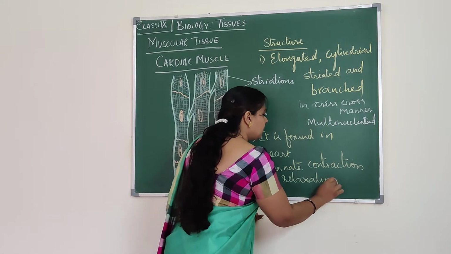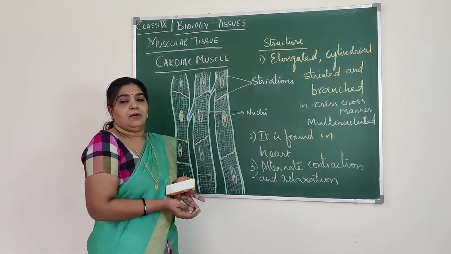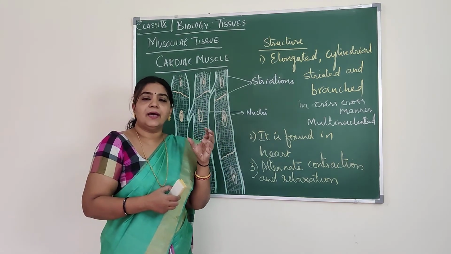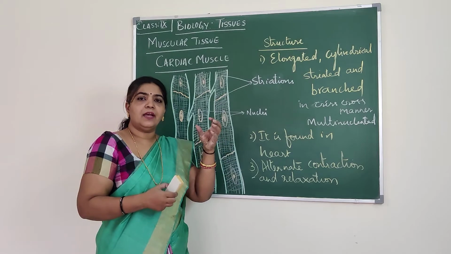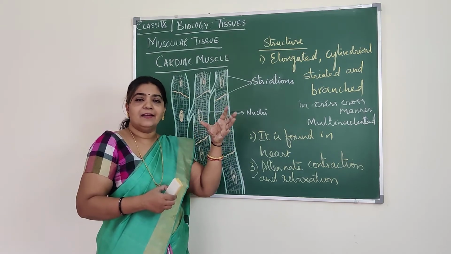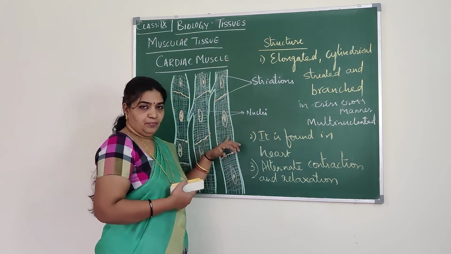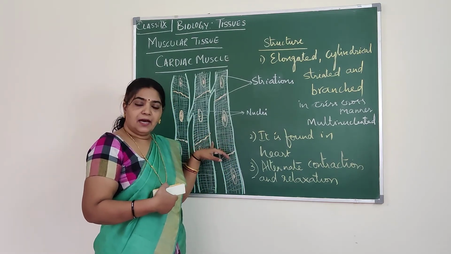You know that our heart contracts and relaxes. One contraction, then one relaxation. This alternate contraction and relaxation movement of the heart is done by the cardiac muscle.